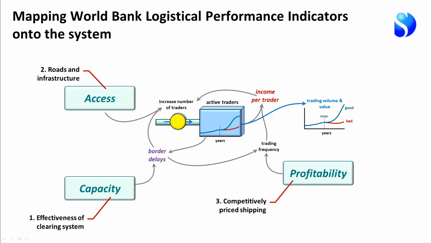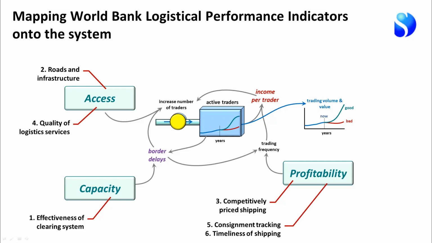They look at whether traders have got access to competitively priced shipping, which is an important determinant of profitability for trading. They look at the quality of logistics services. That features in the access part of the structure.